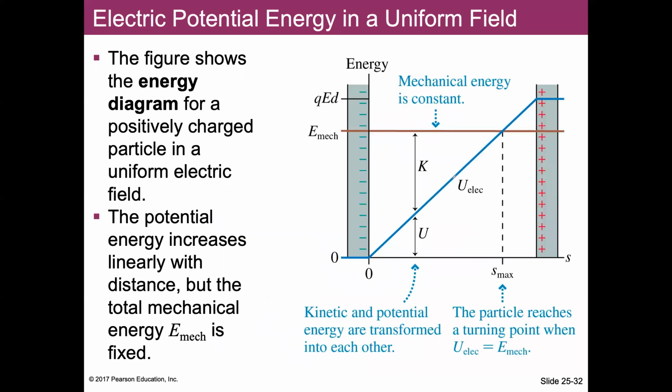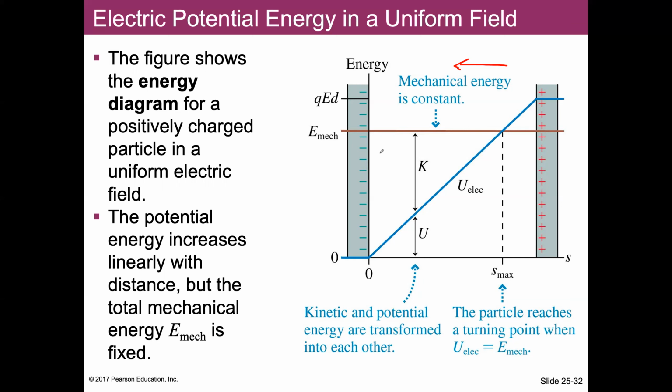So this figure here shows the energy diagram for a positively charged particle in a uniform electric field. Let's say you have a uniform electric field, the electric field lines are from right to left. And then when you move a positively charged particle from left to right, you will see the potential will increase.